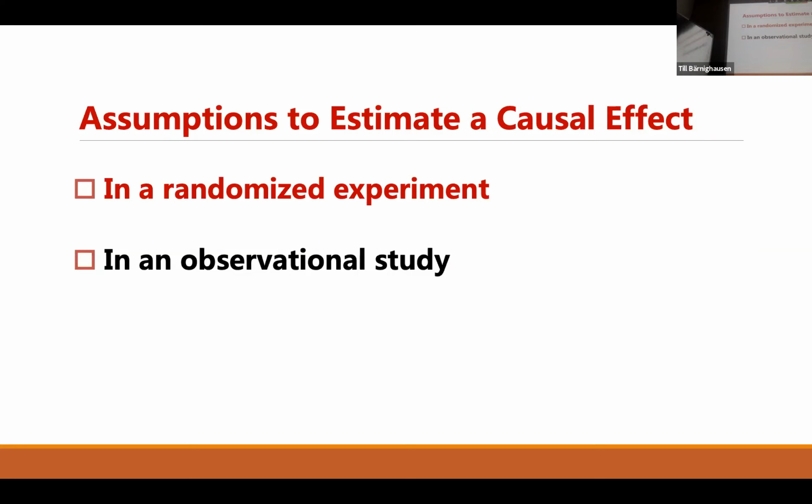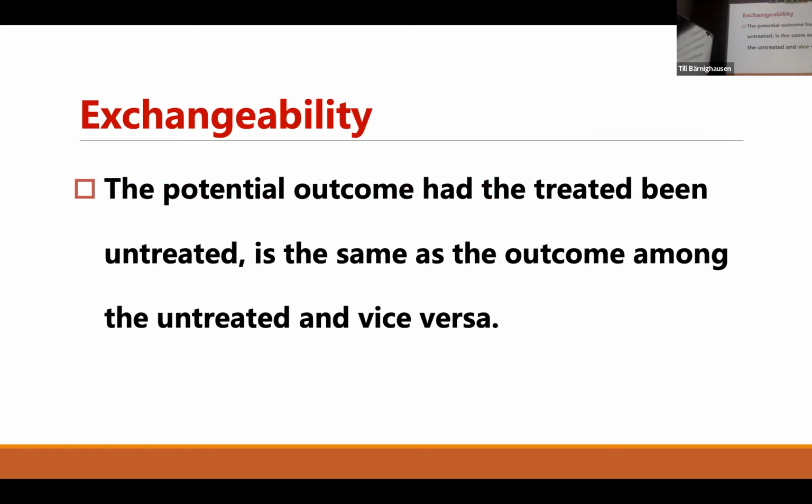Okay, so just now we went over some concepts and hope it can give you some understanding of the causal relationship. And now we'll introduce you to some assumptions to estimate a causal effect. In a randomized experiment, the most important assumption is exchangeability. By definition, the potential outcome had the treated been untreated is the same as the outcome among the untreated, and vice versa.